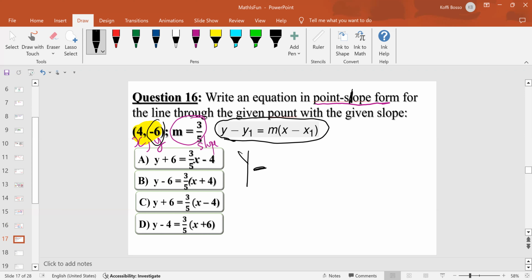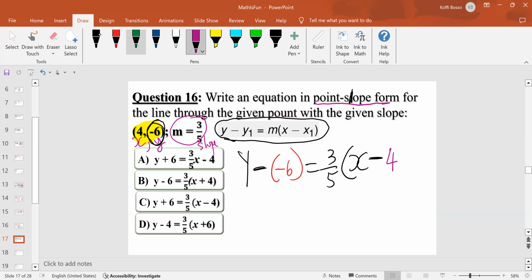Therefore, what you need to do is keep the y like this, minus y1, which is the y value of the given point, which is -6. So let's put that in a bracket to avoid mistakes. So I have y minus -6 is equal to m, the slope, which is 3/5, parenthesis x, minus x1, the x value of the given point, which is 4.